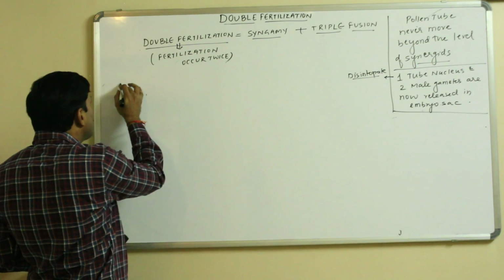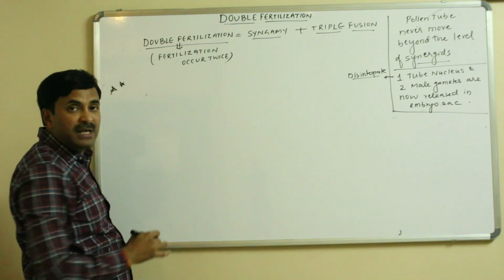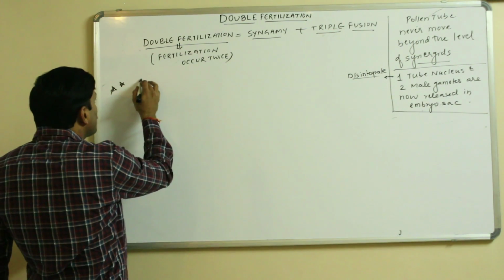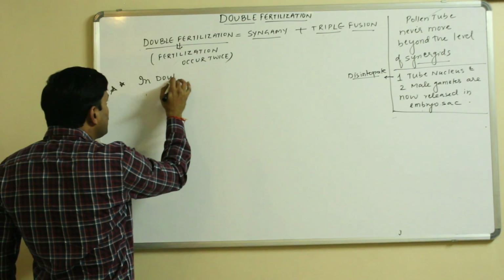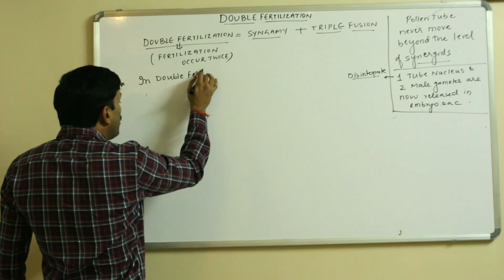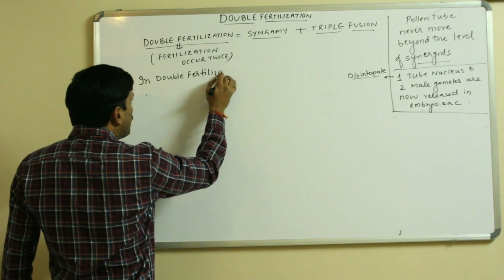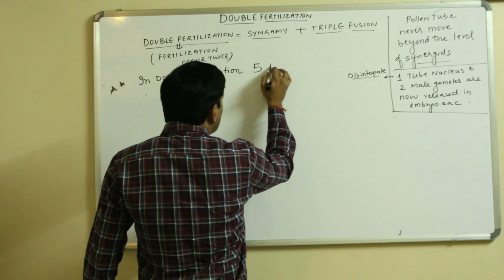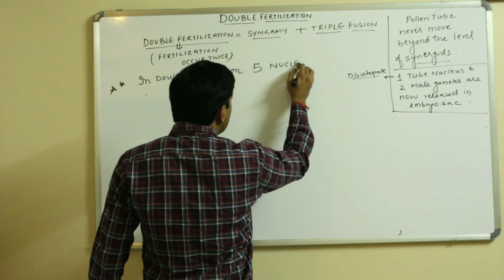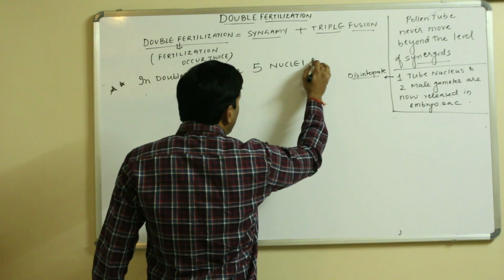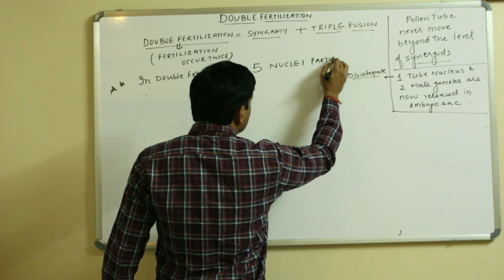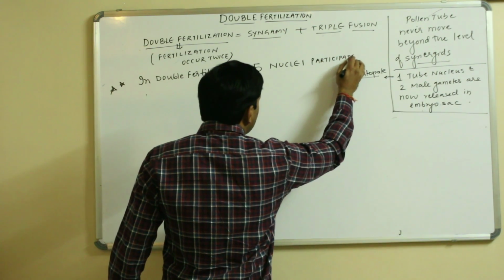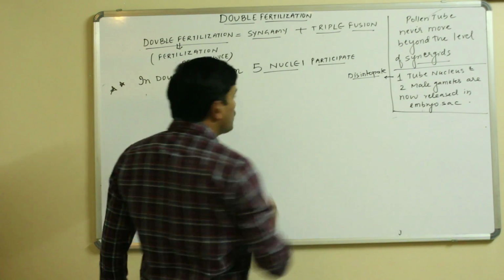Now one thing to be noticed here is that many times this question is asked: in double fertilization, how many nuclei participate? So always remember, in double fertilization a total of 5 nuclei participate. In a couple of minutes I will be counting the 5 nuclei.